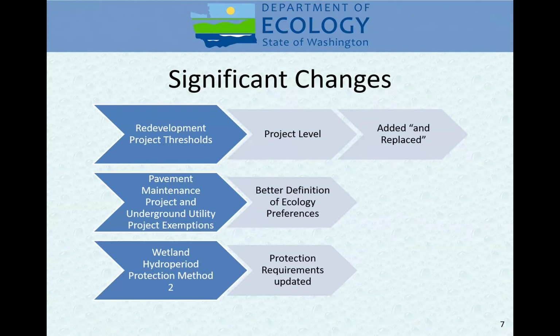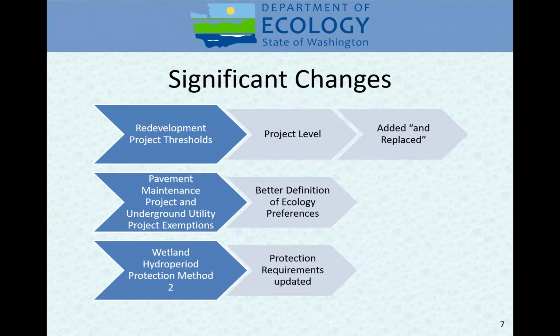And we've also gone into our wetland hydroperiod protection method number 2, and we've updated the requirements. The requirements used to be that you had to meet certain changes in water levels and volumes uniformly throughout the year. Our changes are, we're making some exceptions for summer months.